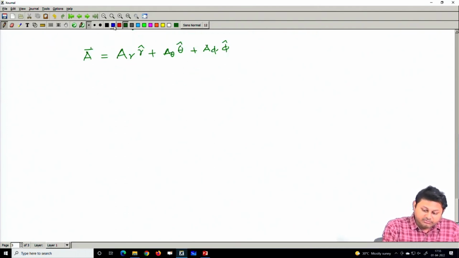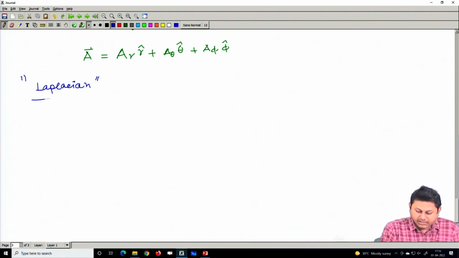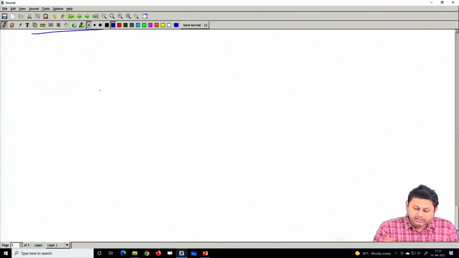Now, the most important, the Laplacian. How are we going to define the Laplacian here?